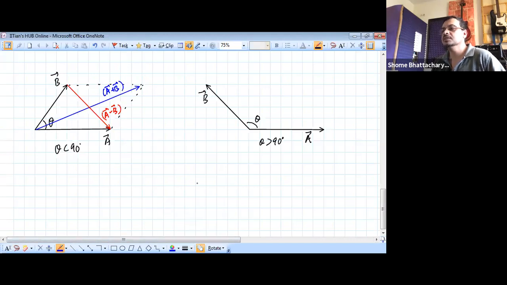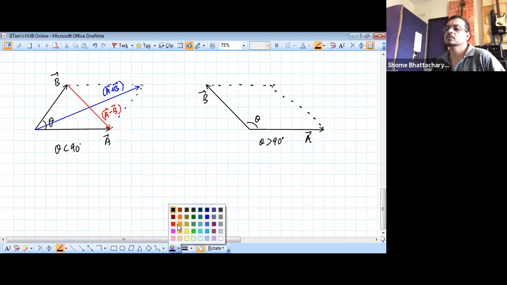Whereas the moment theta becomes greater than 90, which is this case over here, you can see that the primary diagonal is no longer the longer one.